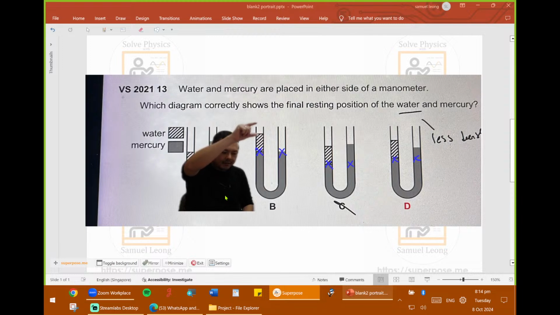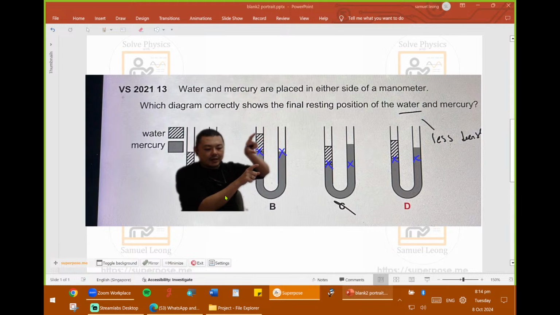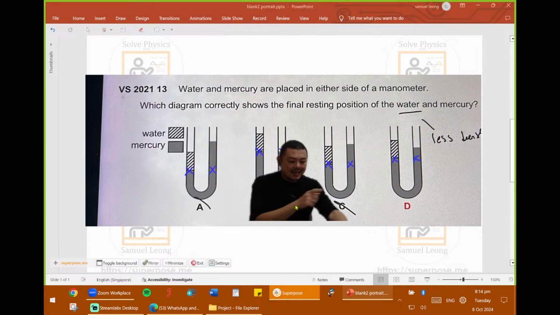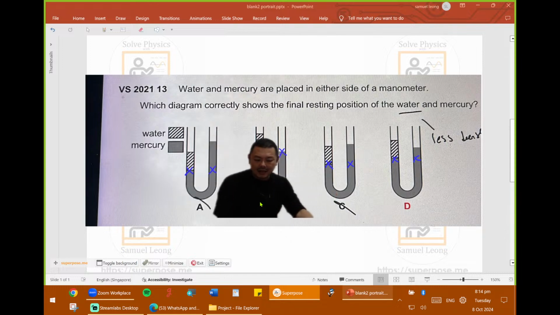Yep, that's right. Correct. So does it mean that water has no pressure at all? No, right? B is not possible because what they're showing you here is that the water doesn't even push this liquid up at all. So C is the same as A, right?